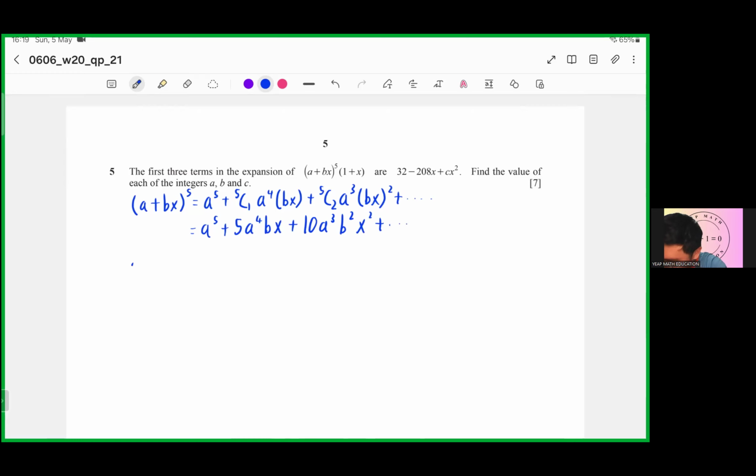So we take a to the 5 plus 5a to the 4 bx plus 10a to the power of 3 b squared x squared, times x plus 1.